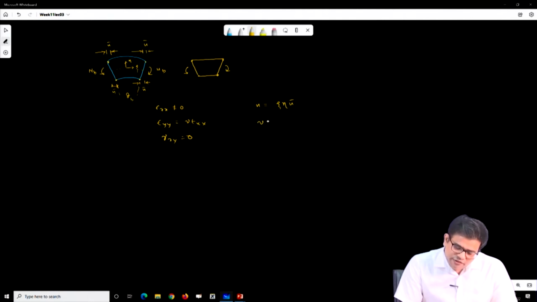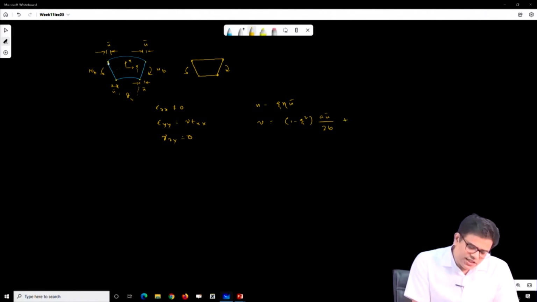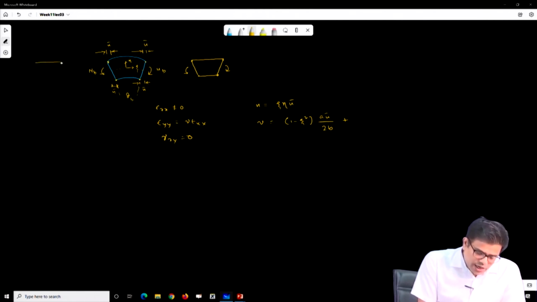But what is v? If I look carefully, to represent this quadratic nature of the curvature, the v displacement is 1 minus xi square a u bar by 2b. Initially the element is 2a by 2b.